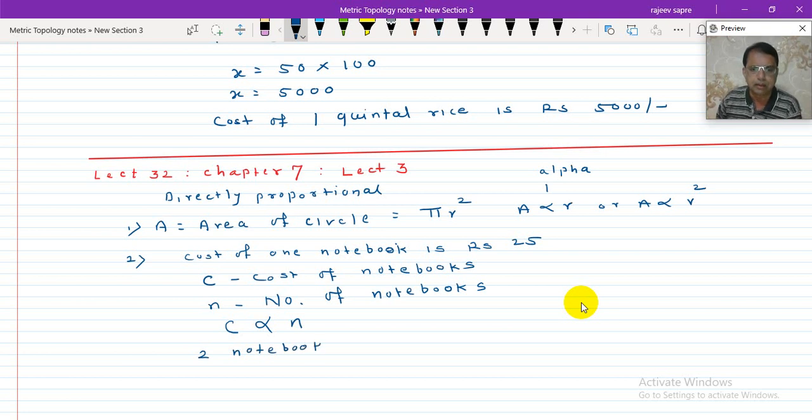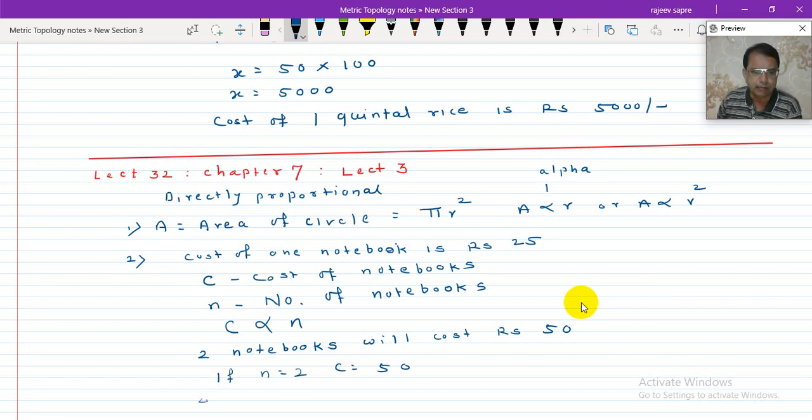If I take two notebooks, then to purchase these two notebooks you will require 50 rupees. Two notebooks will cost rupees 50. याचाच अर्थ काय, if N is equal to 2, C is equal to 50.